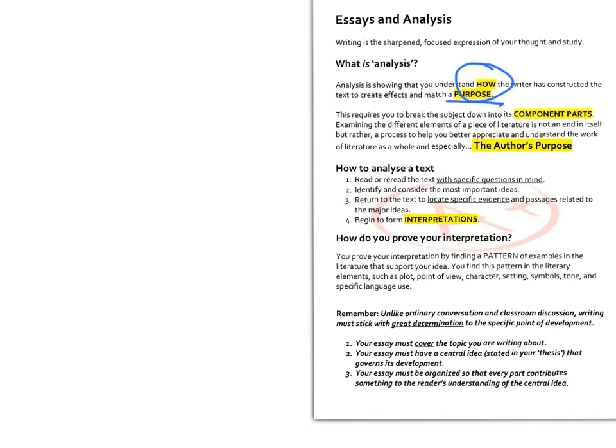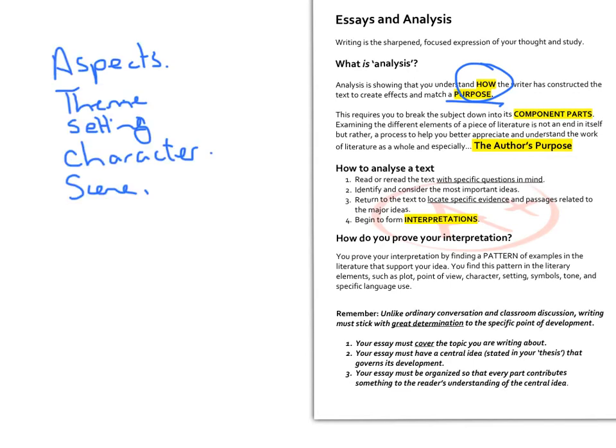So you need to break the subject down into its component parts, those aspects: theme, character, setting, maybe a particular scene or moment in the story, and then within those aspects, sub-aspects. So say, for example, if you take something like character, you want to look at character change, character relationships, memorable characters.